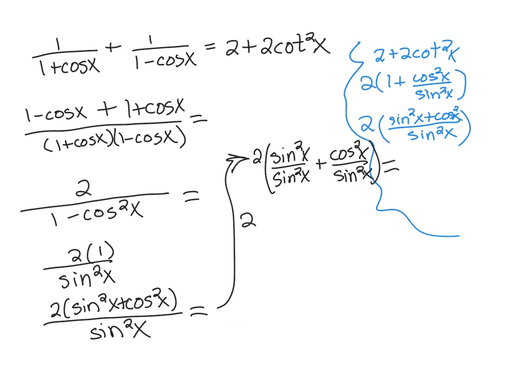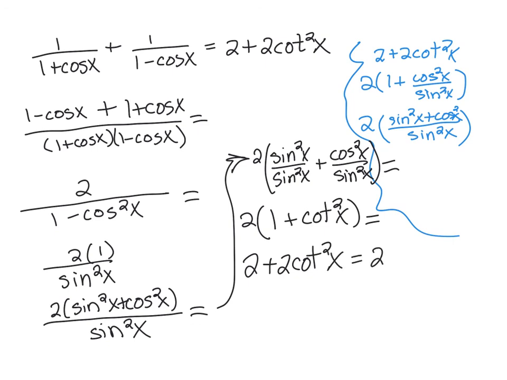And now I have a 2 times 1 plus cotangent squared. 2 plus 2 cotangent squared. Both sides.